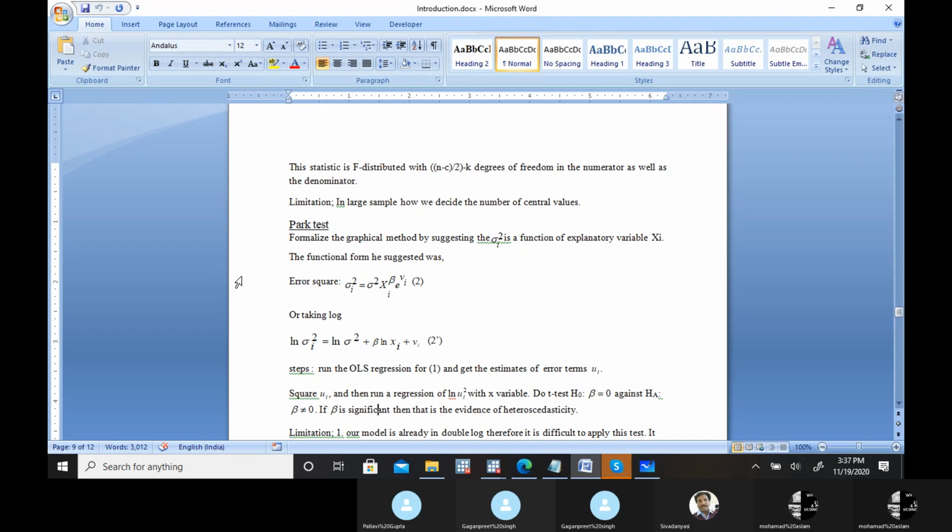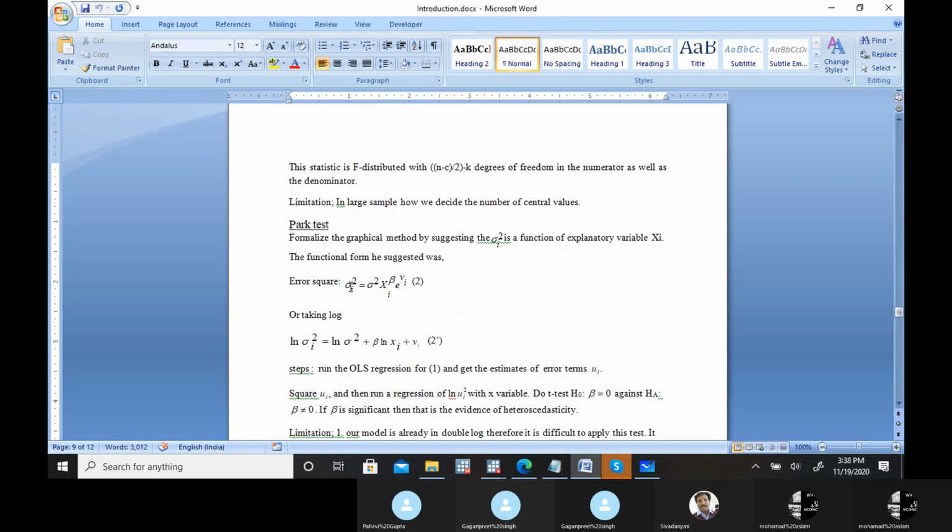Then the last, this Park test. This is in the very beginning, I think the first method for heteroscedasticity, even before the Glejser test, is the Park test. But as I told you in the beginning, there are so many limitations with these methods, and new methods try to overcome these limitations. In this particular method, they try to look at the relation in this particular form.